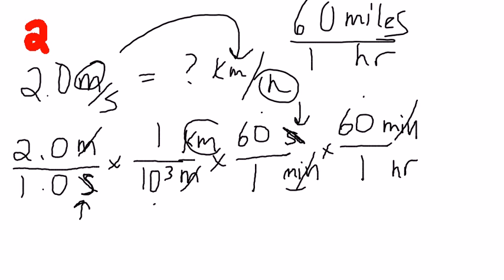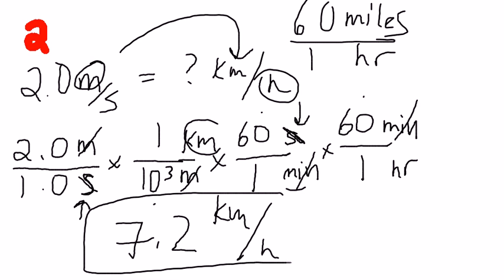Taking out my calculator, that gives me an answer of 7.2 kilometers per hour. That is multi-step conversions.